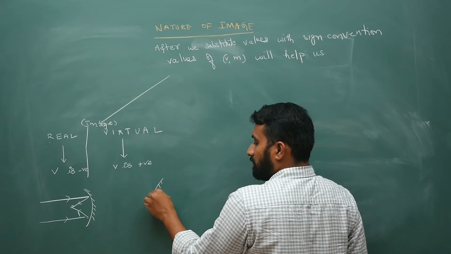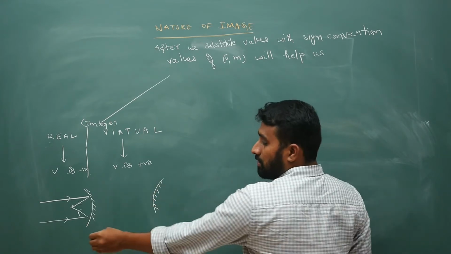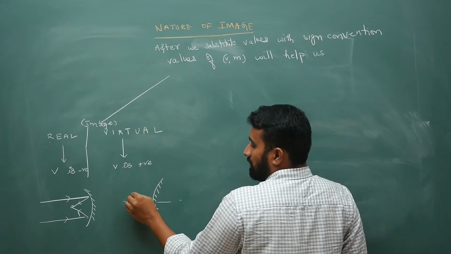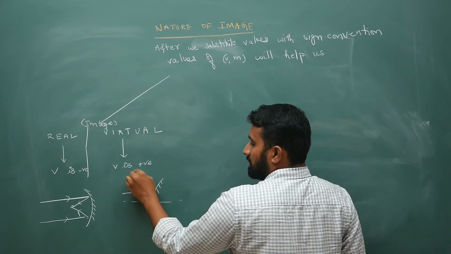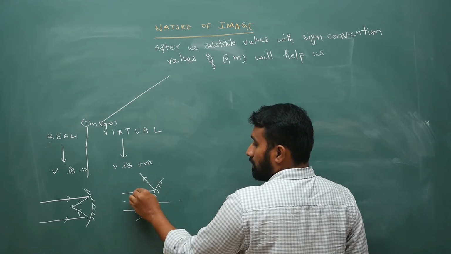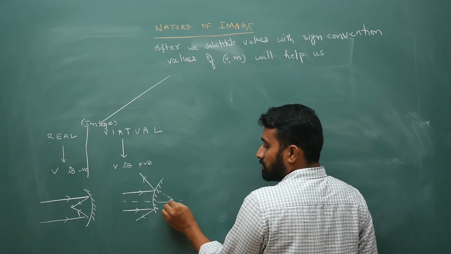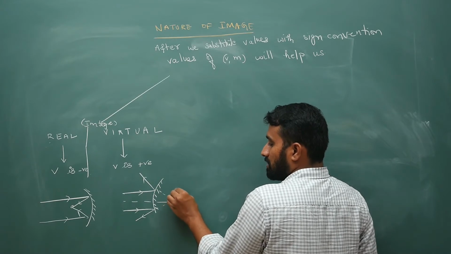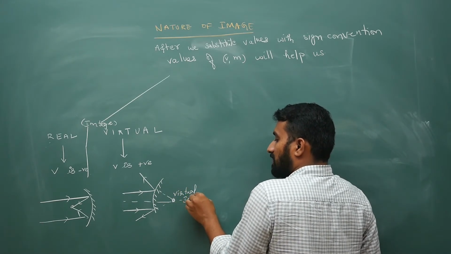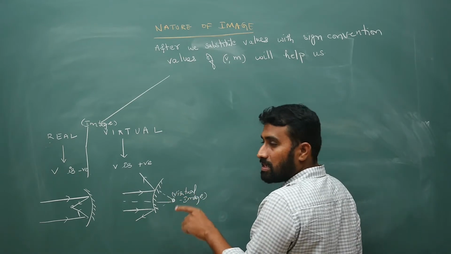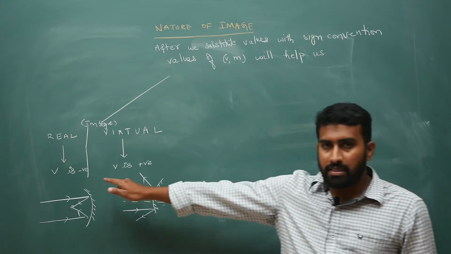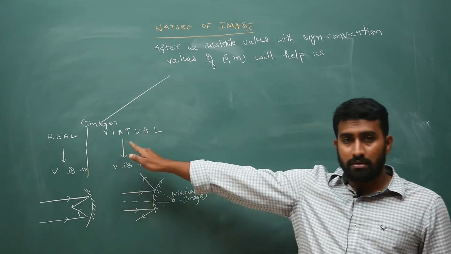So for example, if you take this convex mirror, this is a concave mirror, this is convex mirror. If a ray comes and goes like this, you will extend these two to form the image. This is your virtual image, because after reflection these rays are diverging.